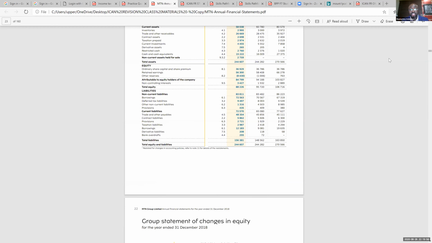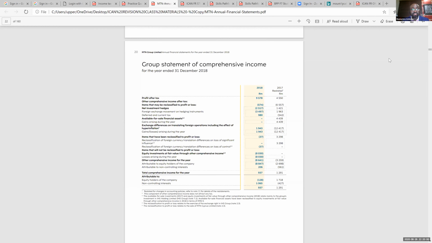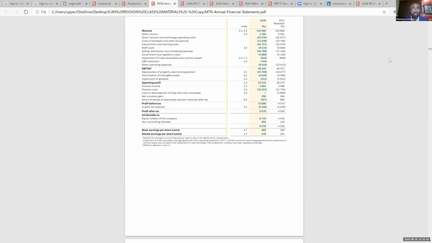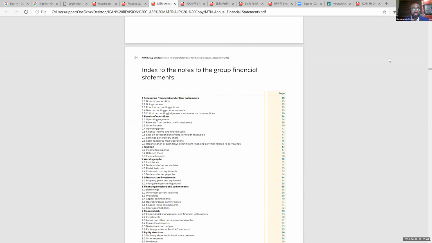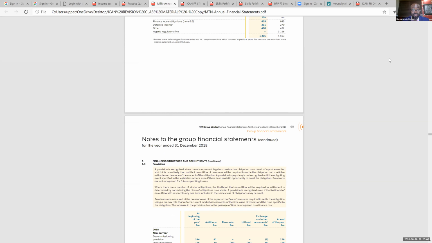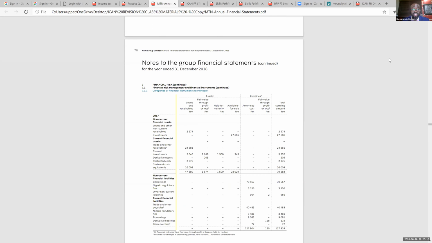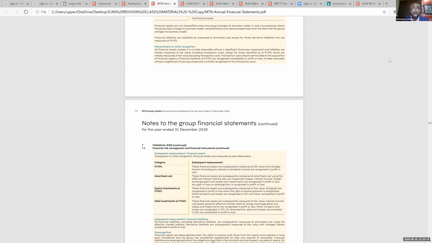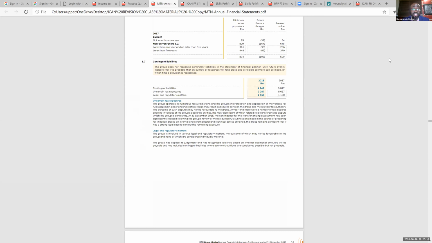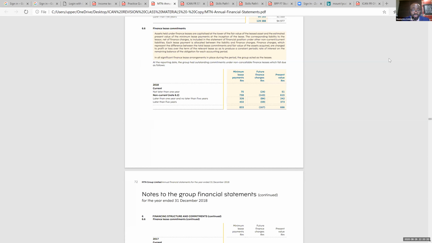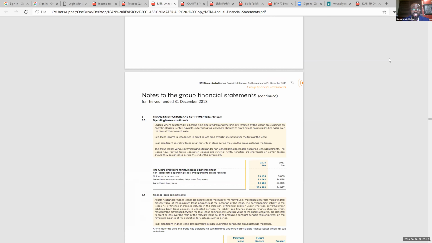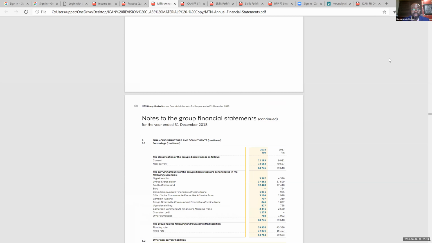Income tax is on note 3.1. And you see how the reconciliation is done. And MTN adopted, I think, the absolute reconciliation presentation. Okay, and that's the most common one. But relative is also acceptable to the standard.